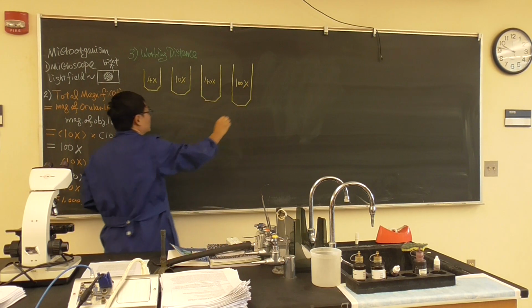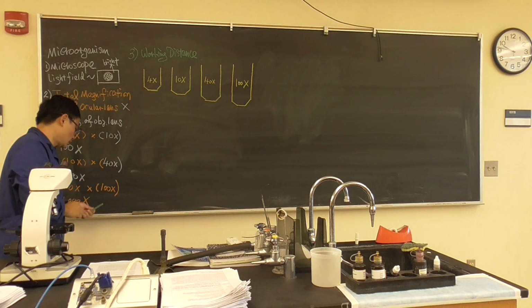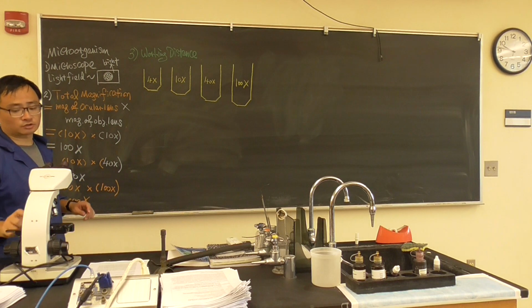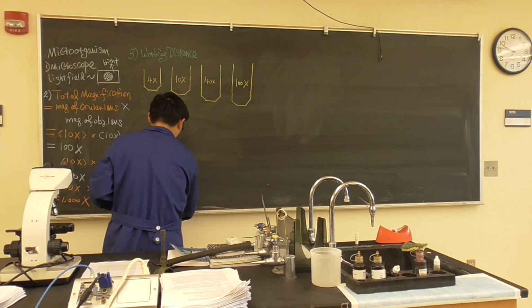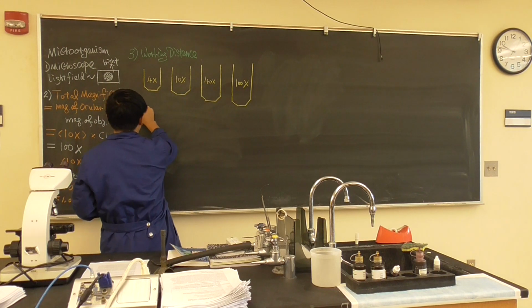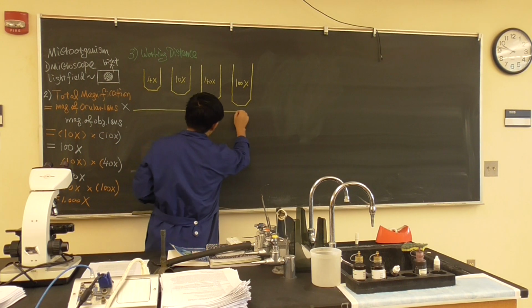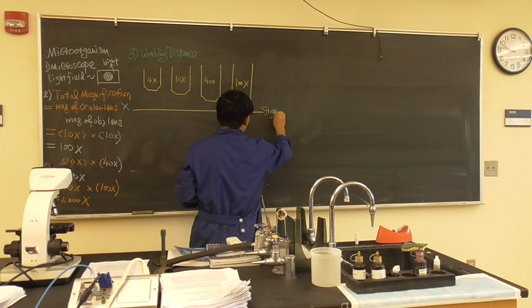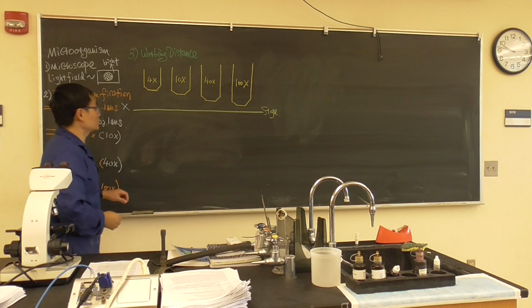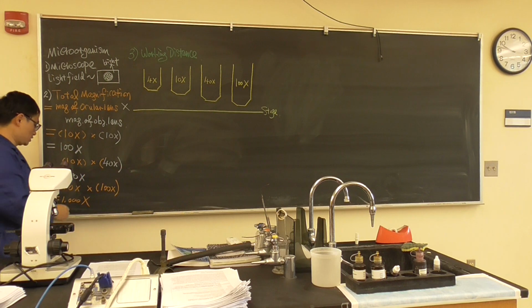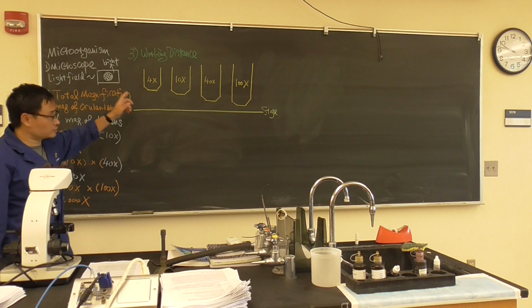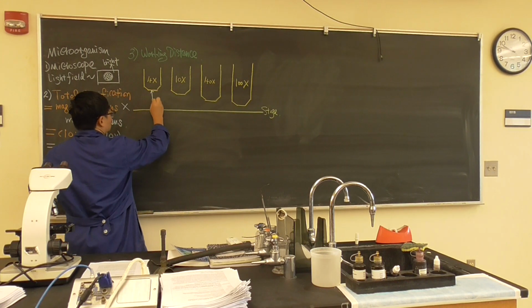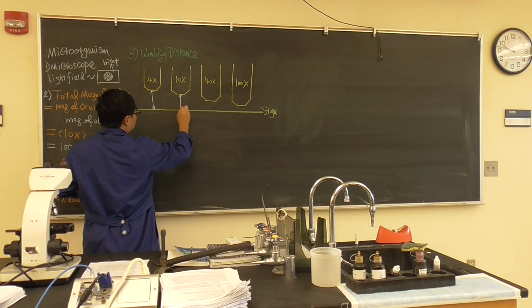This is objective lens. Okay, now we have a stage. The stage is right here. So I'm going to draw a picture with a stage. Okay, this is stage. What is the working distance? So working distance is the distance between objective lens to the stage. So this is working distance.